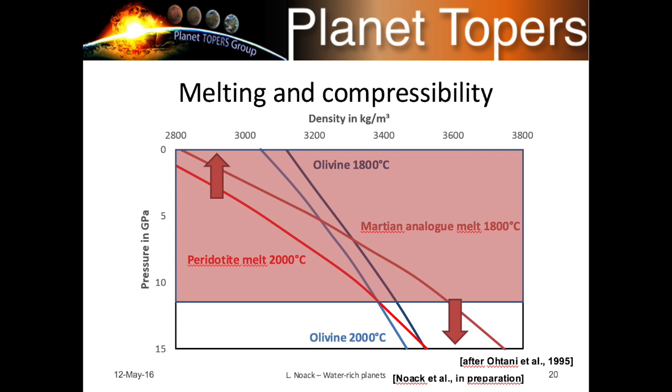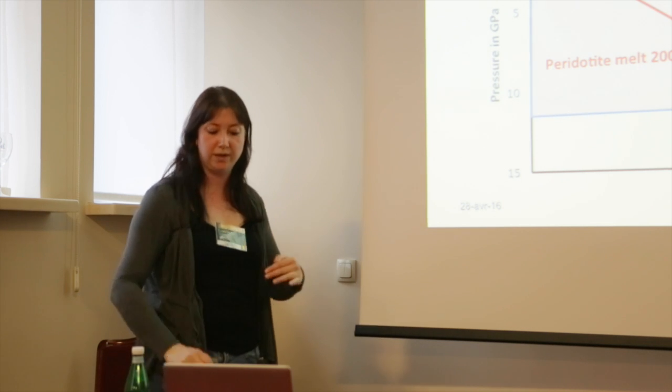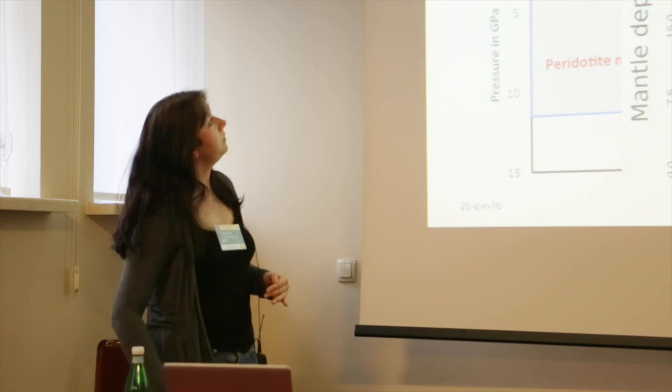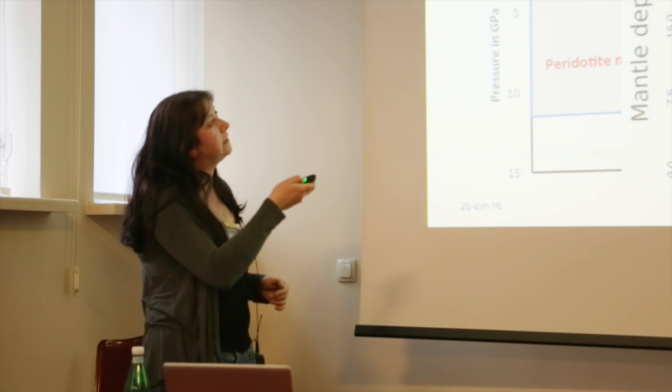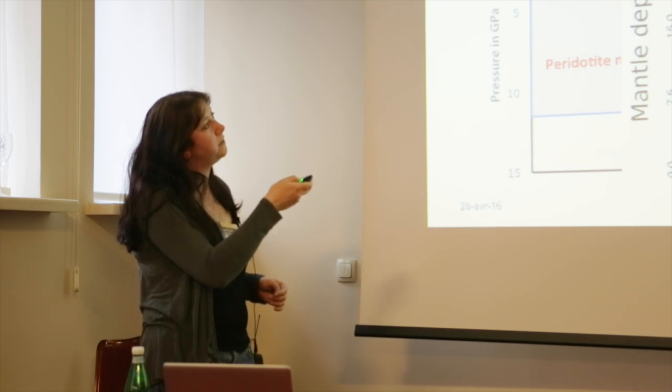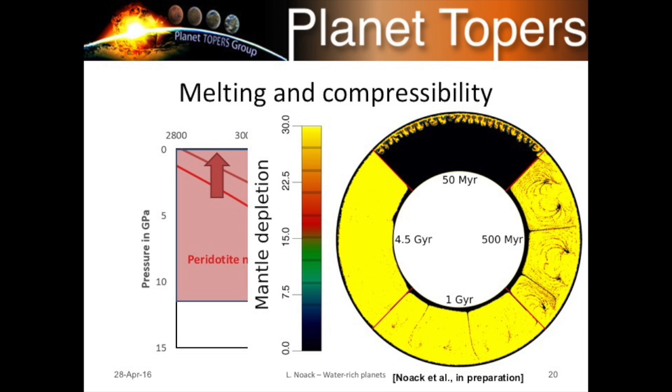So at some point, if you have very high pressures induced from the overlying water ocean, even if you would have melting in the mantle, it would not rise upwards and you would not have volcanic activity. Which means that if you have melting, it typically rises directly underneath the stagnant lid, and then, due to convection, you can bring more primordial material to the surface and have more advanced melting.